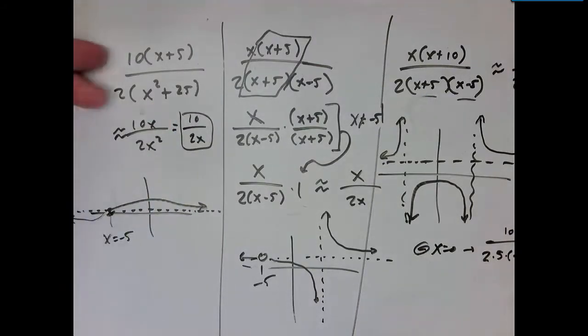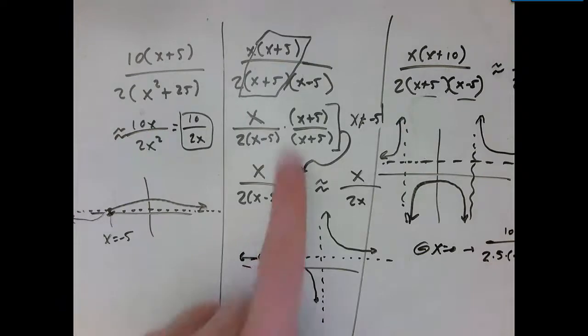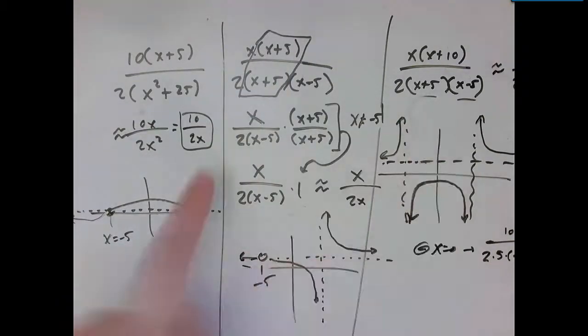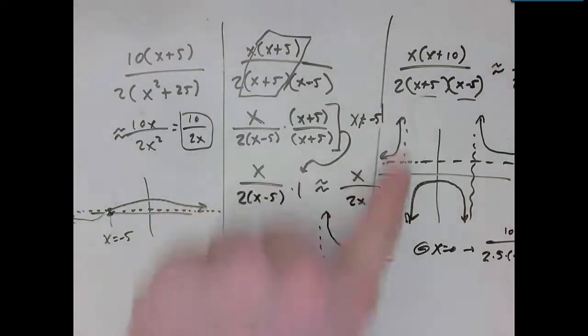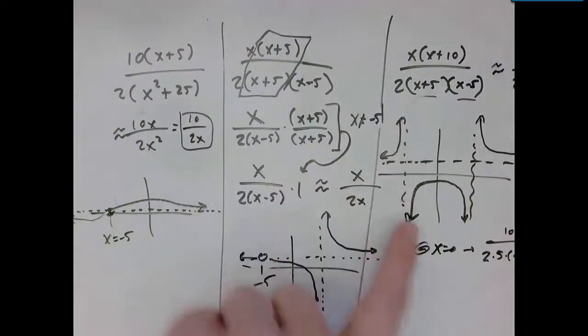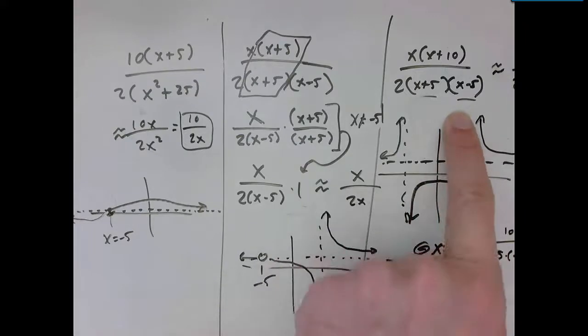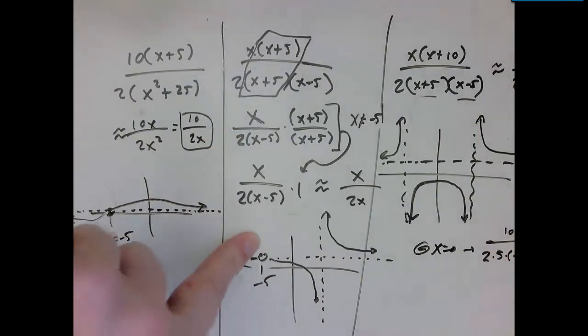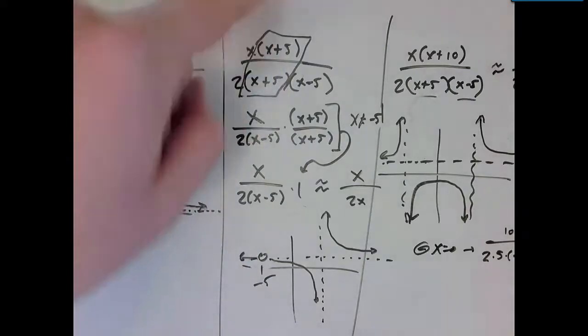So even though it looked similar to these others, the actual mathematically relevant structure was quite different. In this case, you had something that canceled, and in this case, you didn't. And so in this case, what was a vertical asymptote at -5, in this one, that vertical asymptote became a hole instead because there was a factor in the numerator which canceled it.